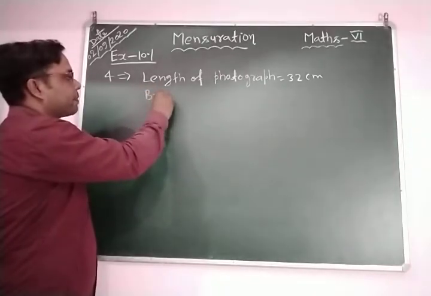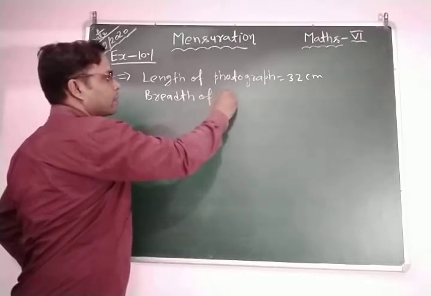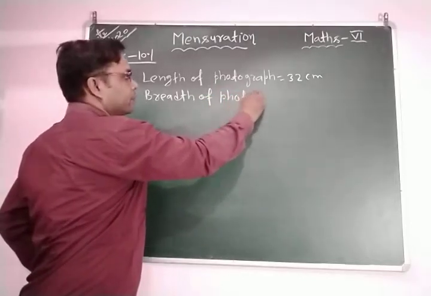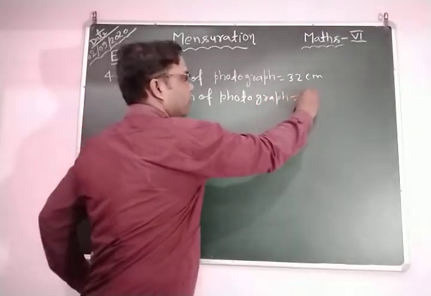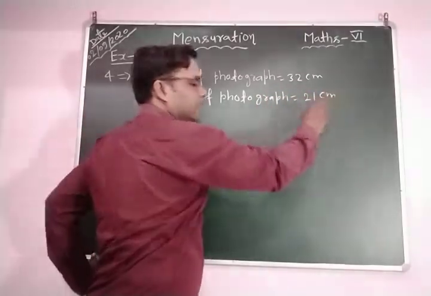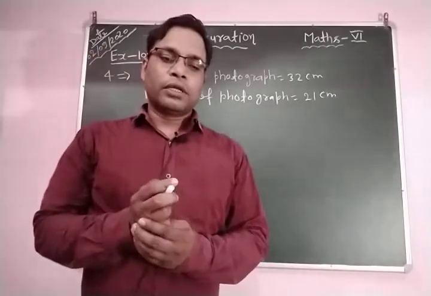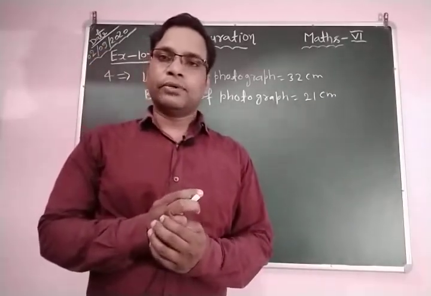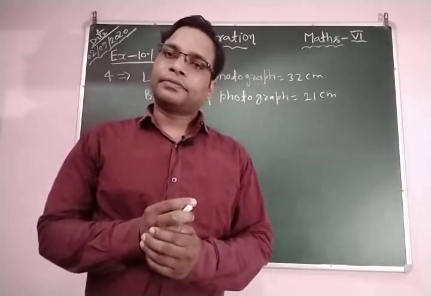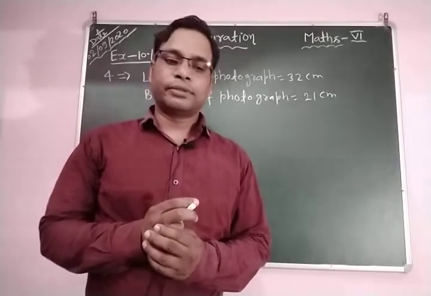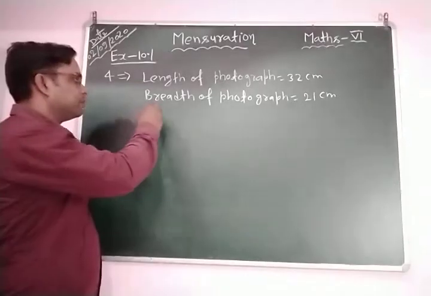We can write here breadth of photograph is equal to 21 centimeter. This is given. We need to find the length of wooden strip. Length of wooden strip is equal to perimeter of photograph.